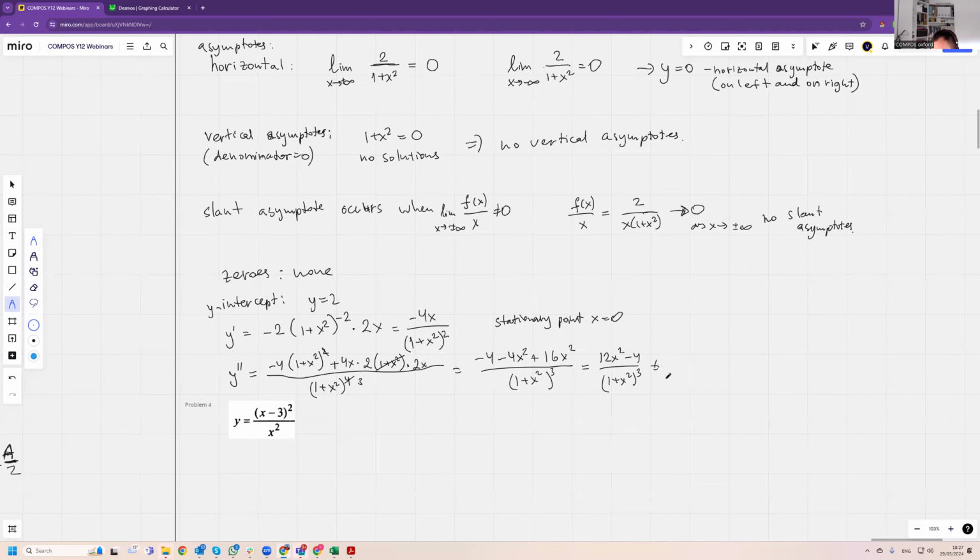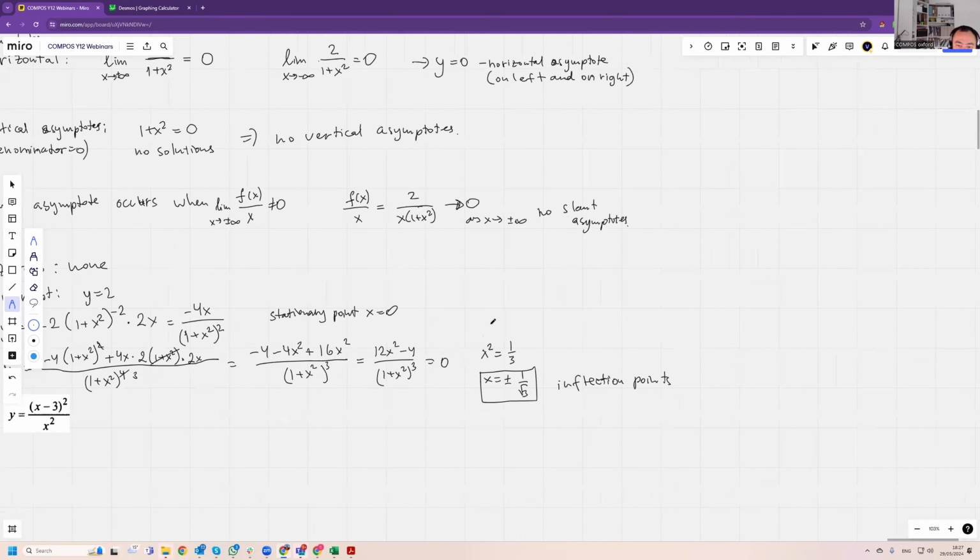So that's equal to 0 when x squared is 1/3. So x equals plus or minus 1 over square root 3. These are inflection points. Okay.